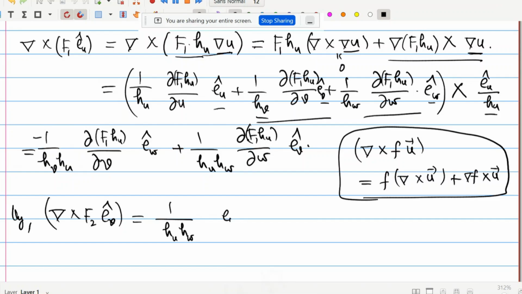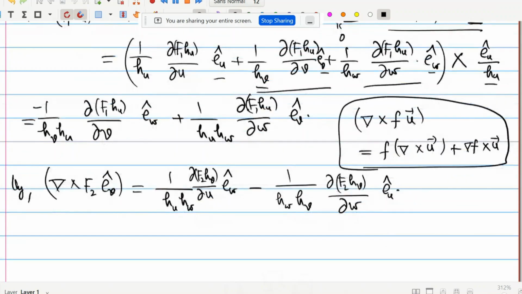The first one is EW cap with a positive sign: dou F2HV by dou U. The last term is minus: 1 over HW HV times dou F2HV by dou W, and EW cross EV means a negative sign, giving EU cap.